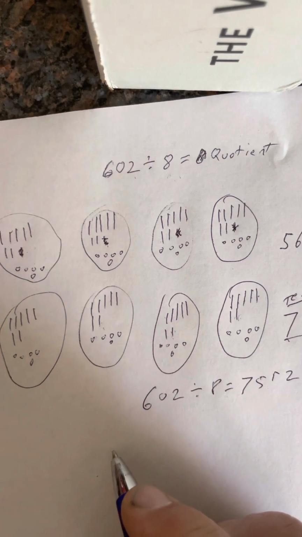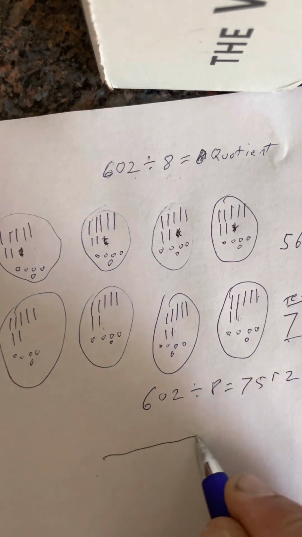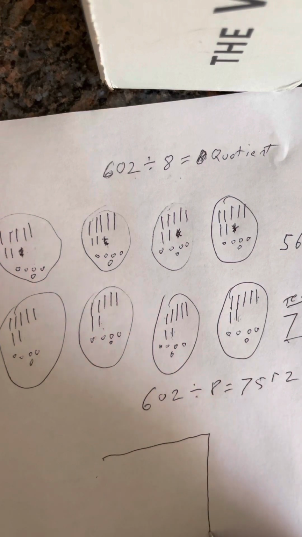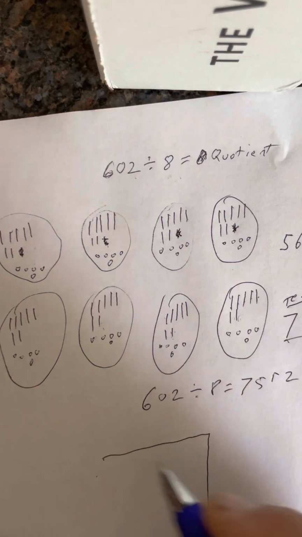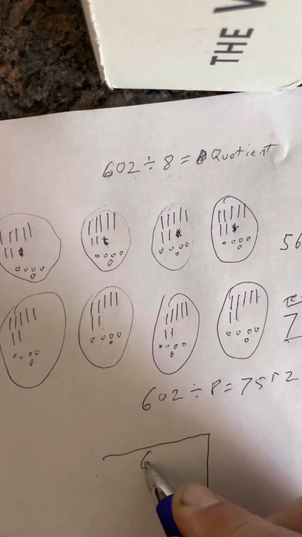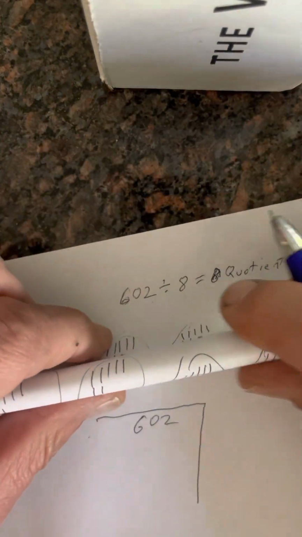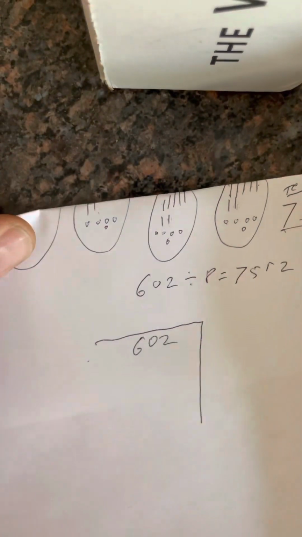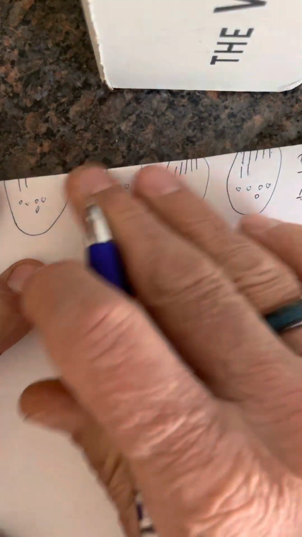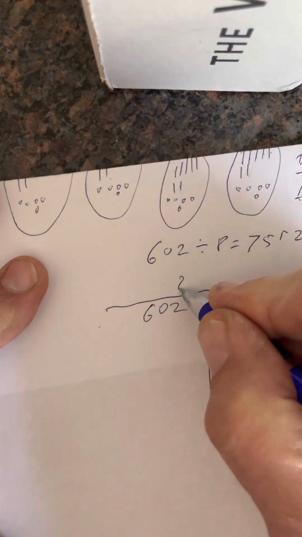I call this the Big 7 method. Some of the students are now calling this Miss Skinner's method. So it's 602. I'm going to fold this over so that we have a little bit of space in the camera. 602. I'm dividing by 8.